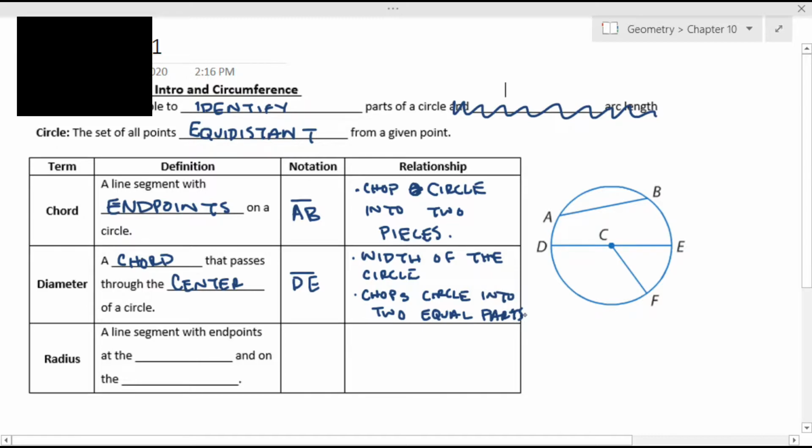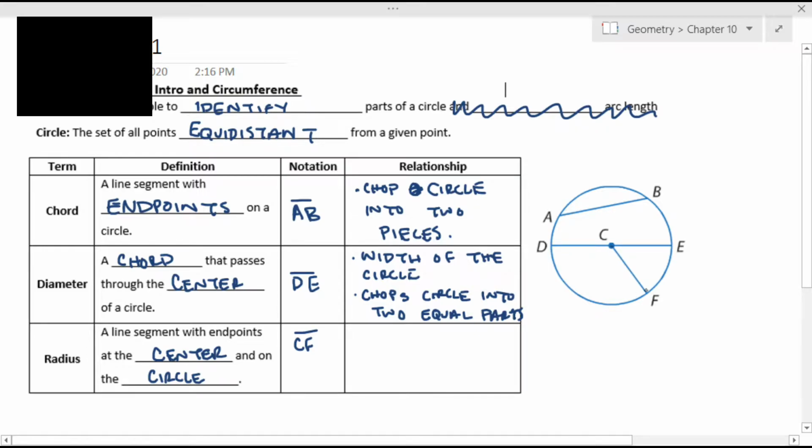The radius is a line segment with endpoints at the center and on the circle. So in this drawing, CF would be a radius, but also CE and CD. It starts at the center and goes to the end.